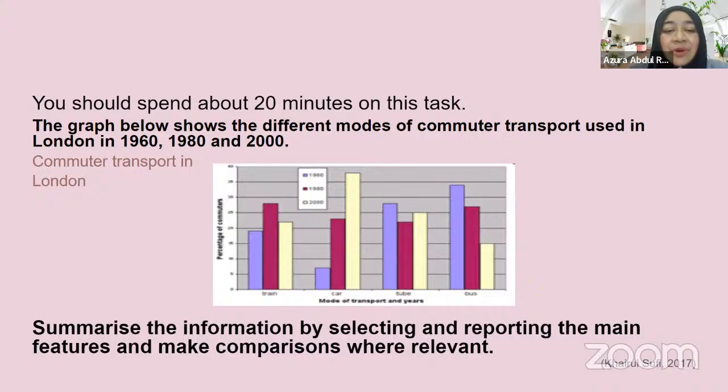Okay, so maximum is 40 and minimum is 0. So the modes of transportations are train, car, tube, right, and bus. Okay, train, I thought train and tube were the same thing, but it's okay. Train, car, tube, and bus. Now, when you're looking at this, okay, which one would you select?